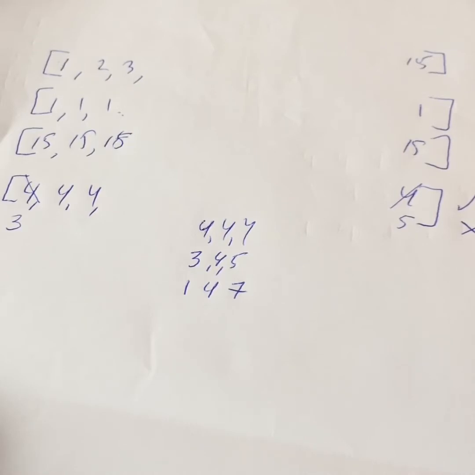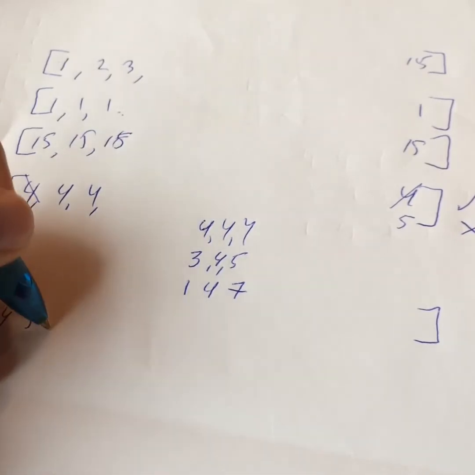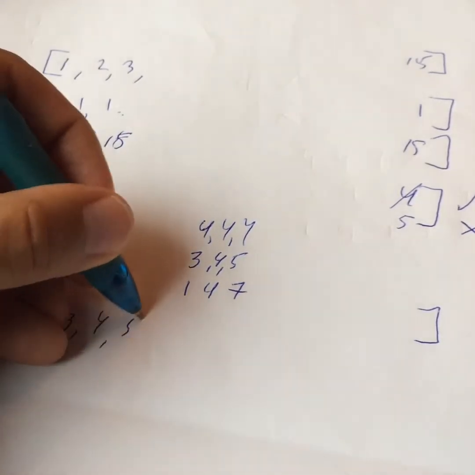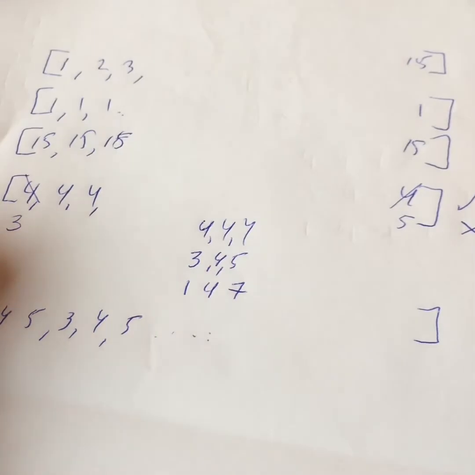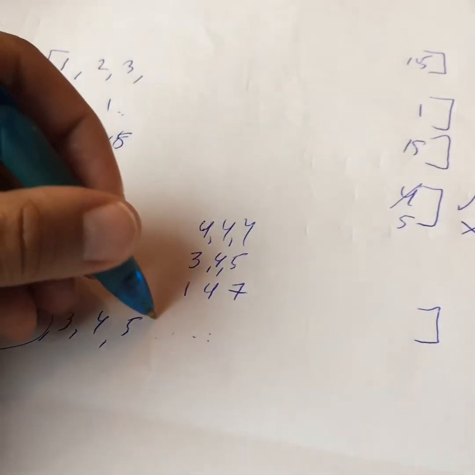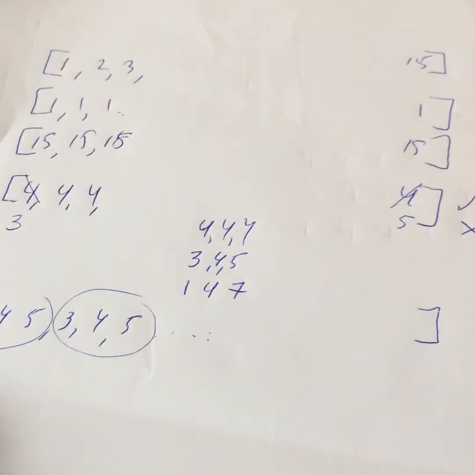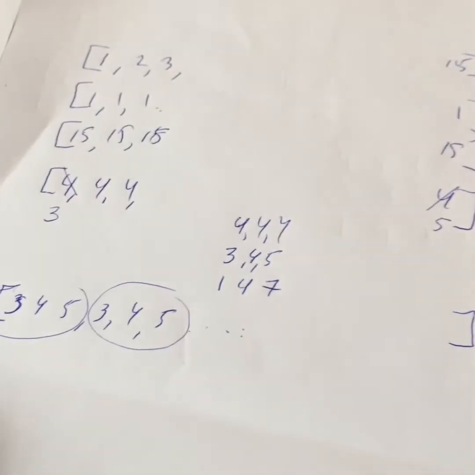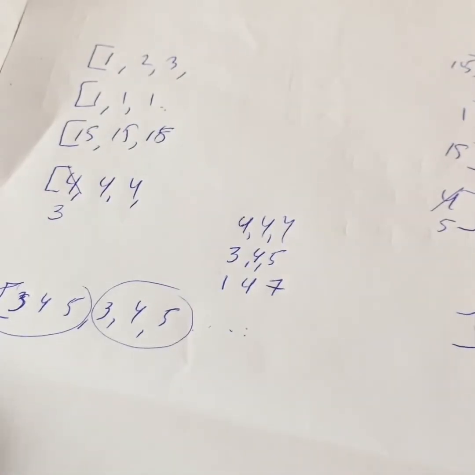Now, if the sum of any 3 of the numbers in the list must equal 12, let's think about how we could use these numbers to even possibly come up to that solution. So if we had repeating 3, 4s, and 5s, clearly when we add 3, 4, and 5, the sum would equal 12.